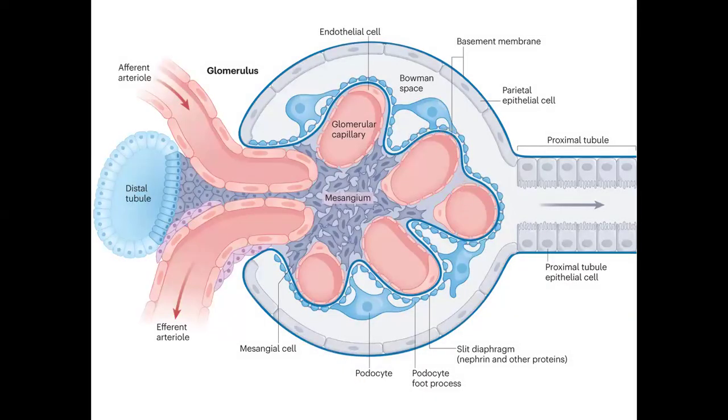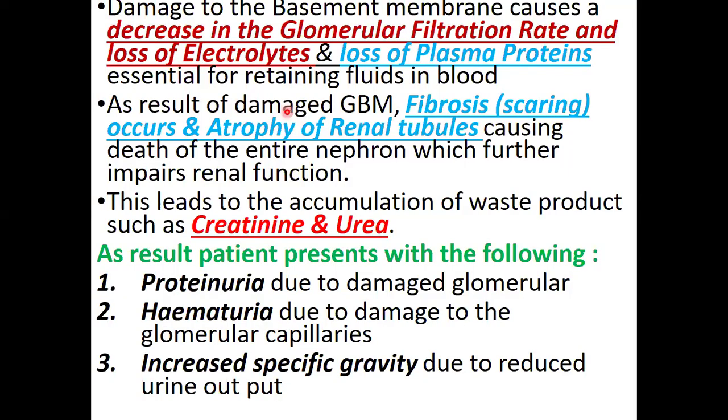When it is destroyed, what follows is decreased glomerular filtration rate, loss of electrolytes, and loss of plasma proteins. So, if glomerular filtration rate drops, urine output also will drop, so there will be oliguria. Electrolytes and plasma being lost, that's why the urine is foamy. It gets a foam when collected or when the baby is urinating in the pan.